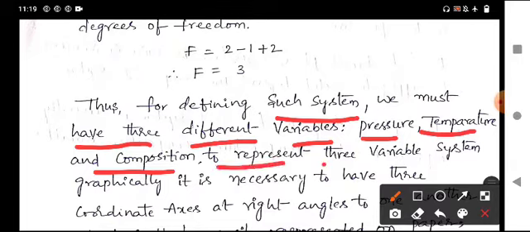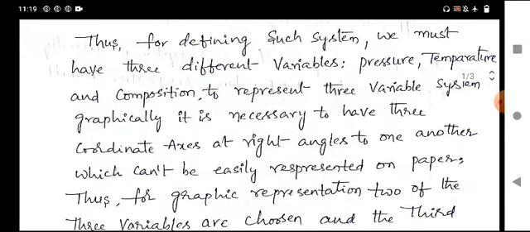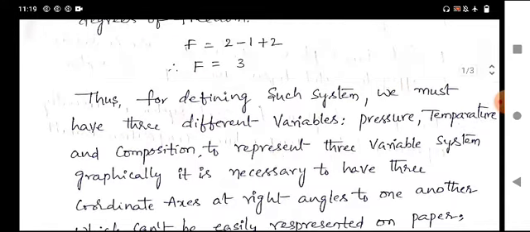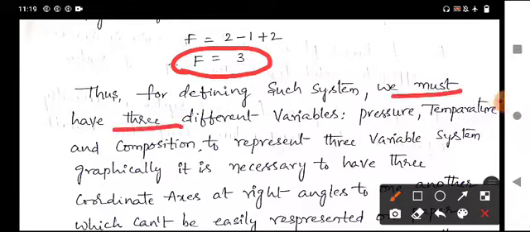To represent a 3 variable system graphically, it is necessary to have 3 coordinate axes at right angles to one another. Once again I repeat this. If the number of degrees of freedom is 3, to define such a system we must have 3 different variables: pressure, temperature and composition.